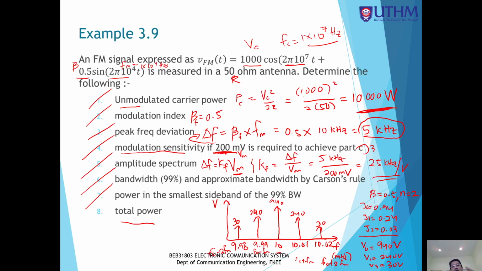Okay, so now the total power is equal to how to do this? If you ask me, the total power can be put as equal to the unmodulated carrier power, which is equal to PC.